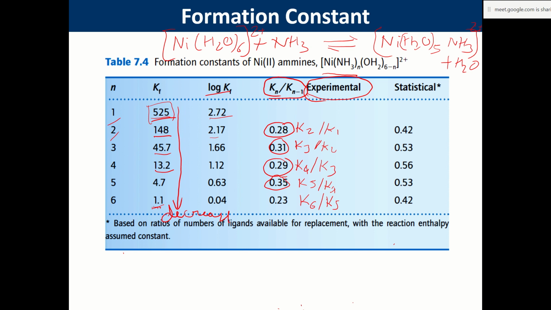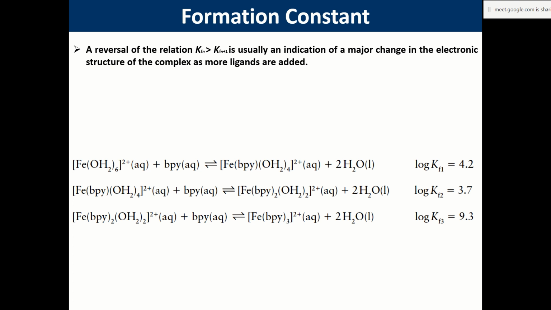In that case this kind of trend is observed in the majority of cases, but in some cases you will find that this trend undergoes a sudden deviation. You expect it to decrease, but we'll see one example of reversal of this trend.